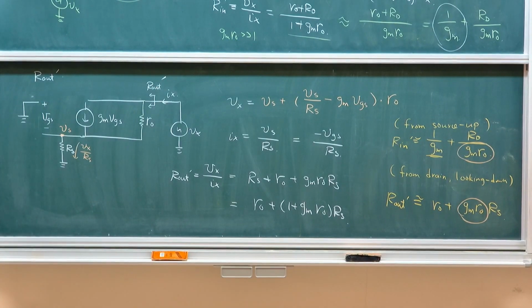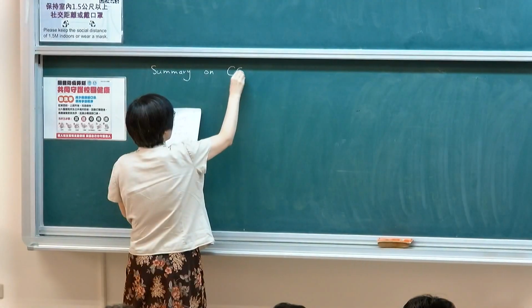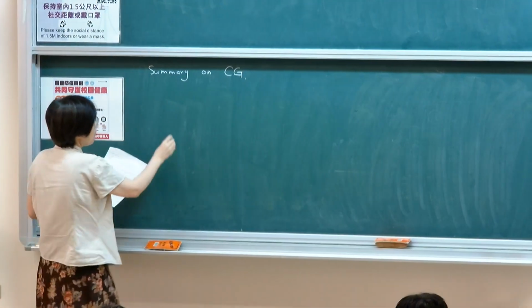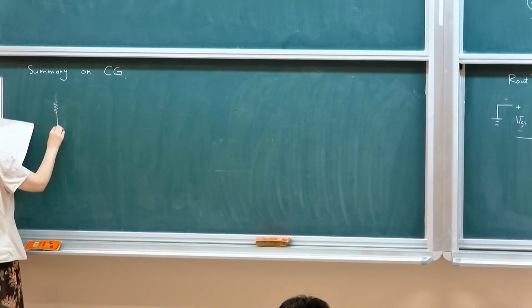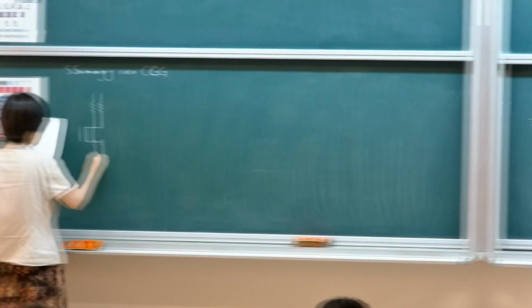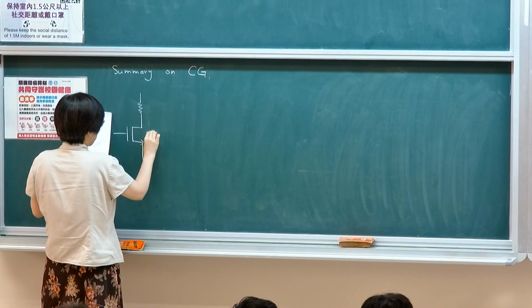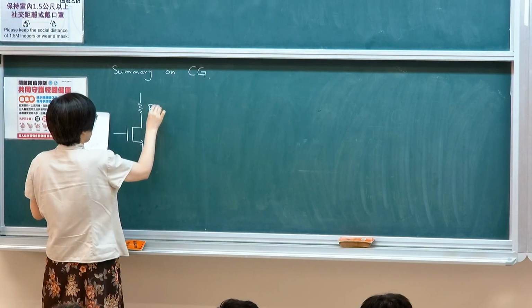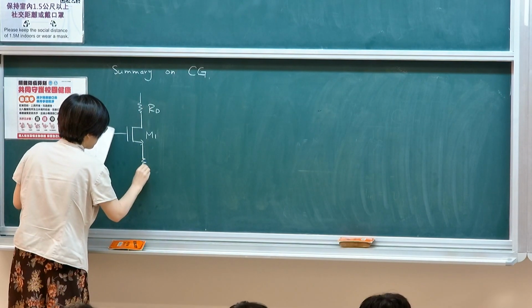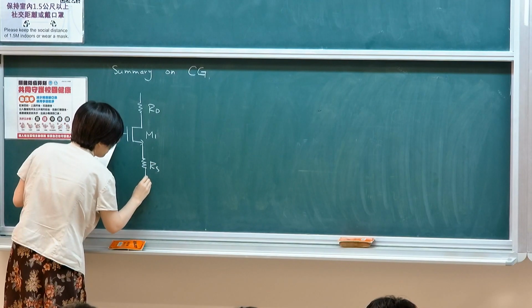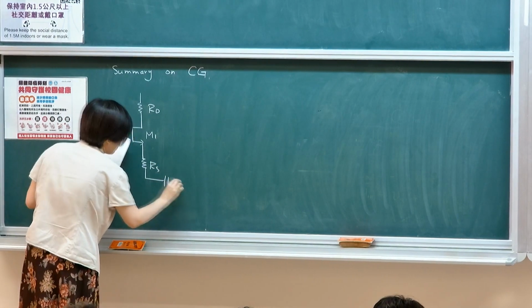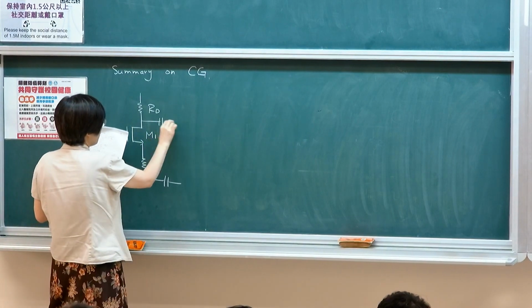Let me do the summary on the left, on a common gate stage. As I said, for a more general term, it will look something more like this. I'm going to include RS down this way.